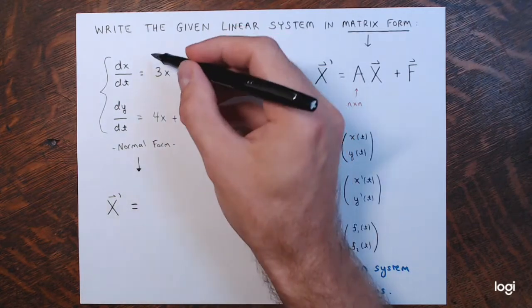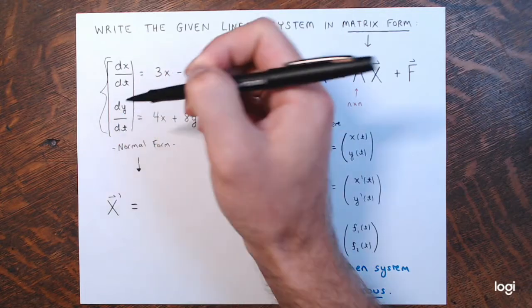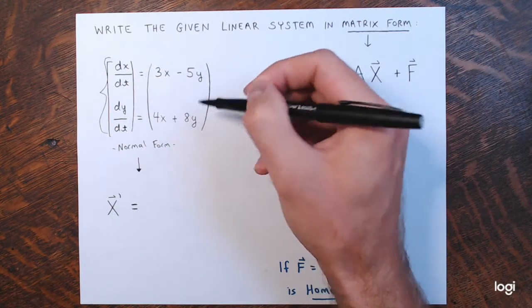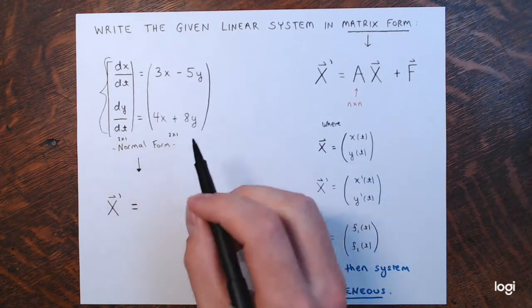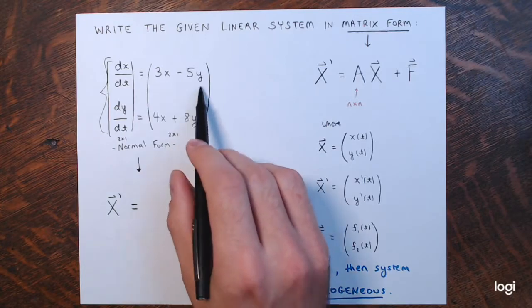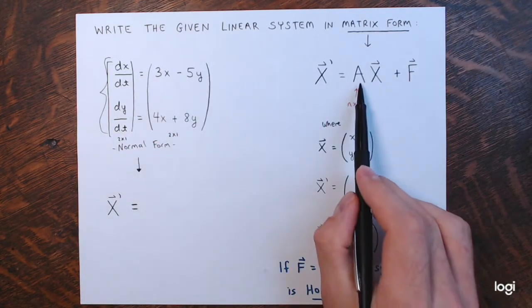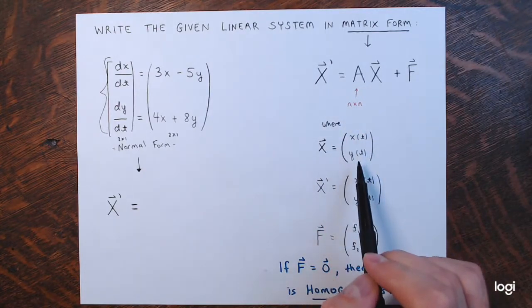And if we think of each of these as vectors, this is a 2 by 1 vector over here, and this is a 2 by 1 vector over here, two rows, one column. We could split this 2 by 1 vector up into the product of a matrix A and the vector x, where the vector x consists of the functions x of t and y of t.